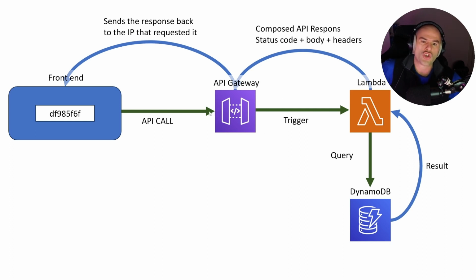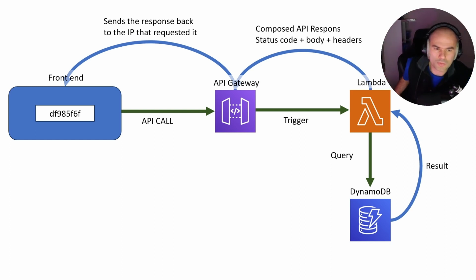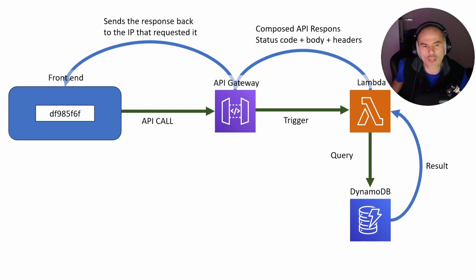You can't just access a Lambda function from the open internet. You need to go through the gateway. The gateway then triggers a Lambda function. The Lambda function looks up DynamoDB. The DynamoDB gives the Lambda function a result. The Lambda then sends the result to the gateway. The gateway then sends it back to the IP that requested it. So all well and good.